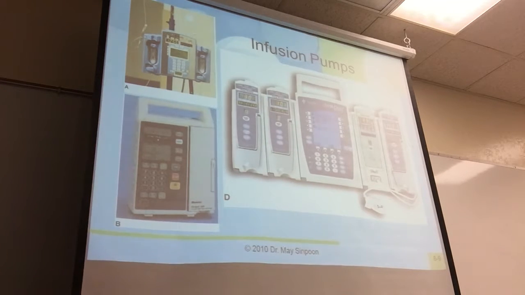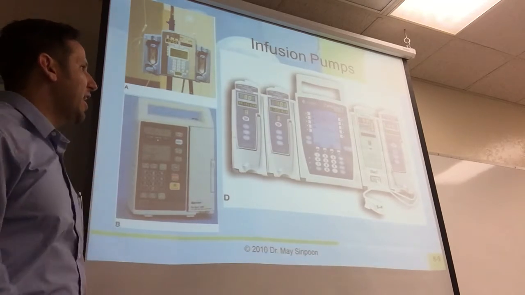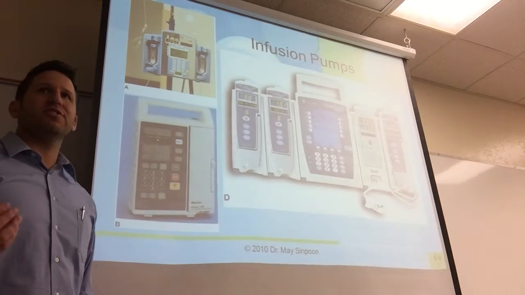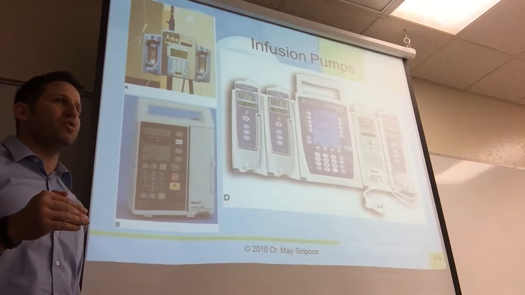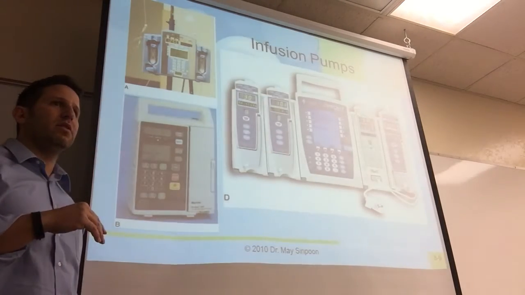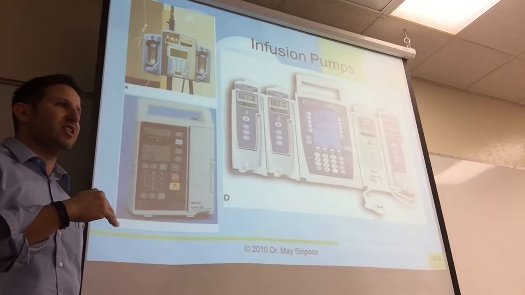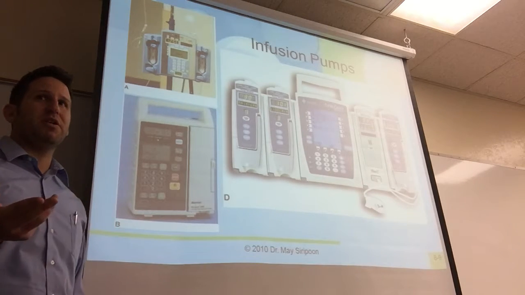Something that is now changed, we don't really use the pulse ox mode, but like at Sierra Vista Hospital, they have end-tidal CO2, because there are a lot of studies showing that my end-tidal CO2 will get to a dangerous level before my oxygen level will. And so if I can see the trend in my end-tidal CO2 before I actually decrease my oxygen level, then I have better patient outcomes.